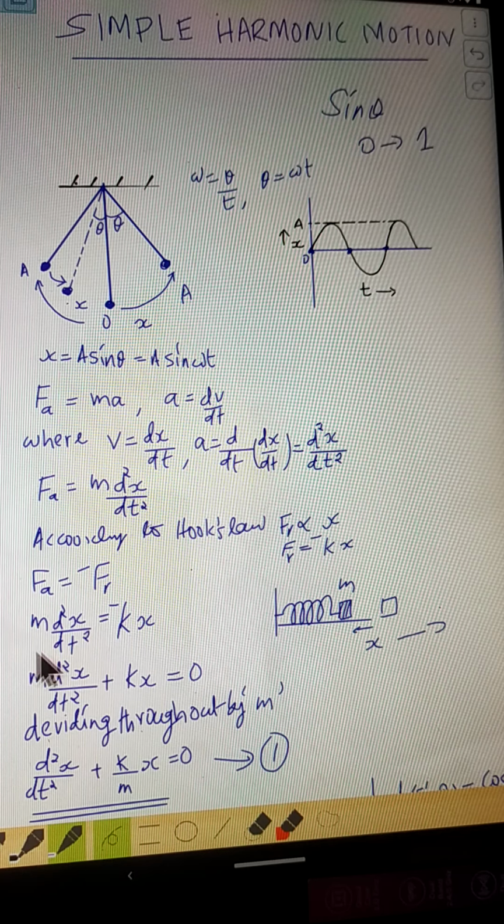This is Newton's second law of motion for the applied force, and from Hooke's law we have the restoring force. Bringing this to one side and dividing throughout by m, the m will be cancelled here, and this will be cancelled. So we get a second degree differential equation, d square x by dt square plus k by m into x equals 0. So it is nothing but a simple harmonic motion.